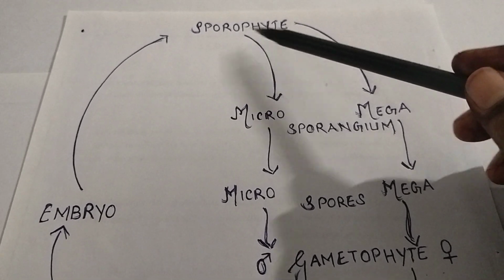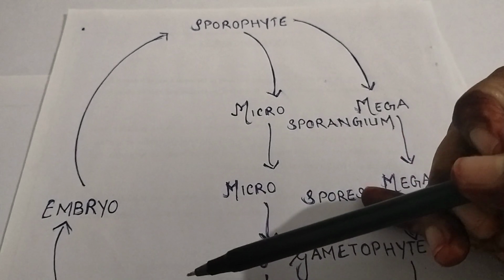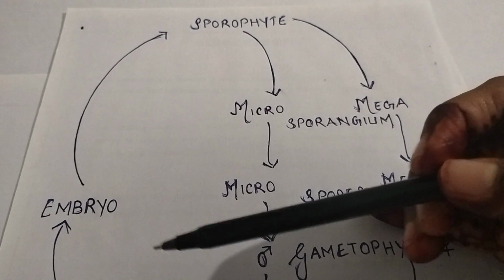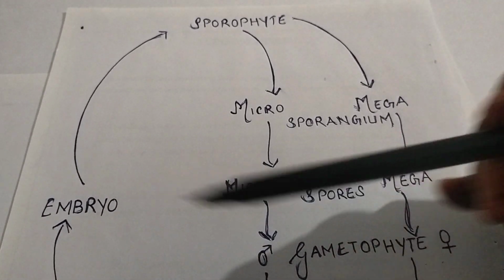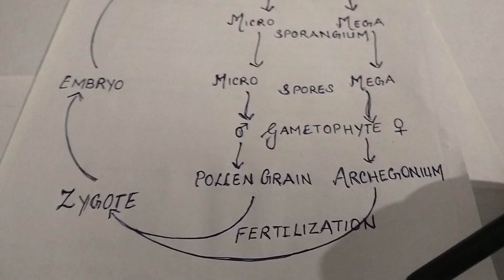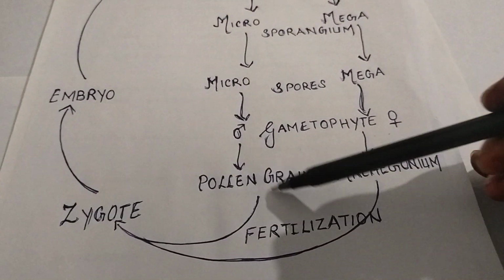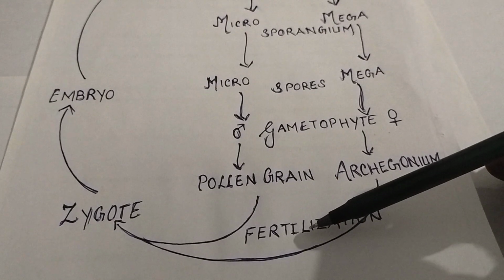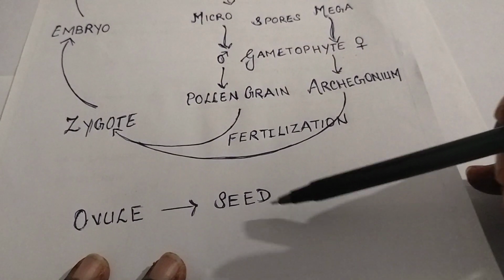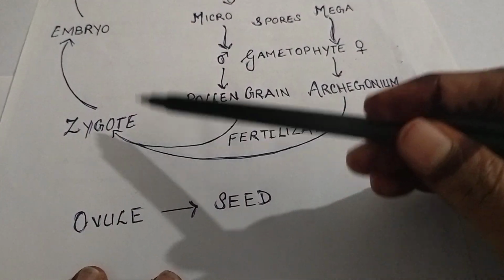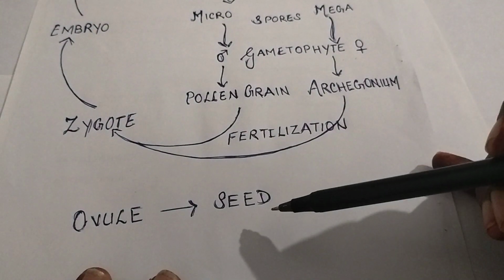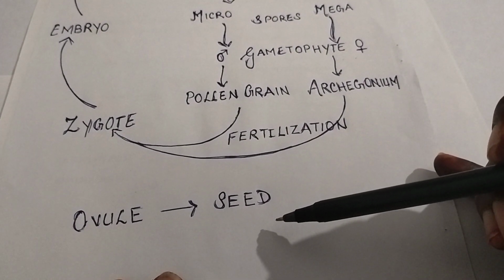And here one thing: the zygote develops into an embryo, and the ovules, on whose mouth the pollen grain has released the male gametes, will form seeds. The zygote will develop to form an embryo and ovules will develop to form seeds.